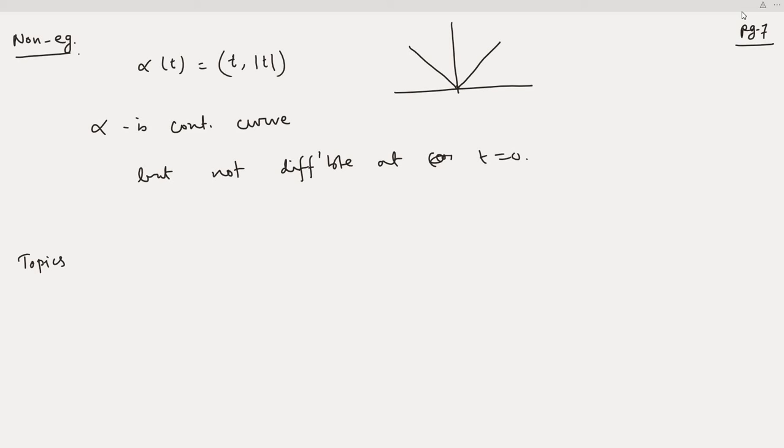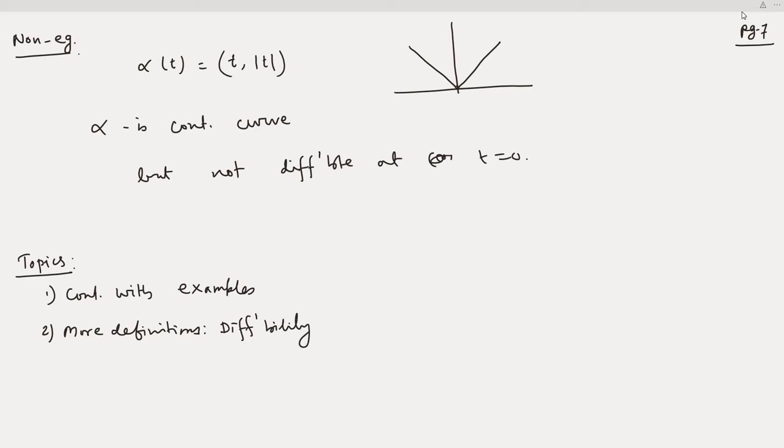Okay, so topics for this part. First, continue with examples. Second, more definitions: differentiability, trace, and tangent.